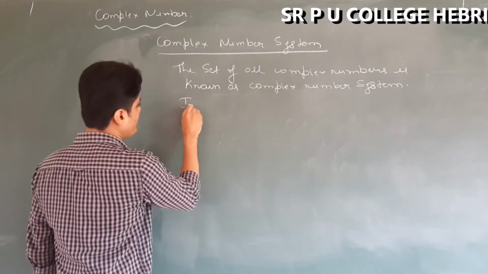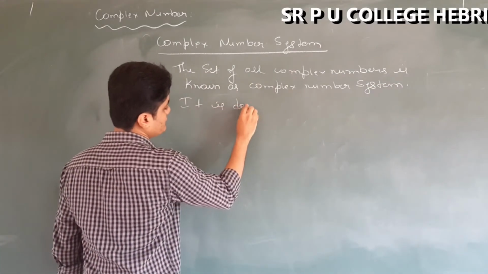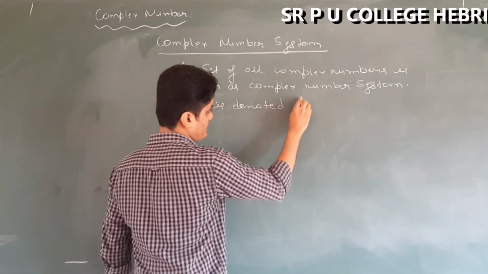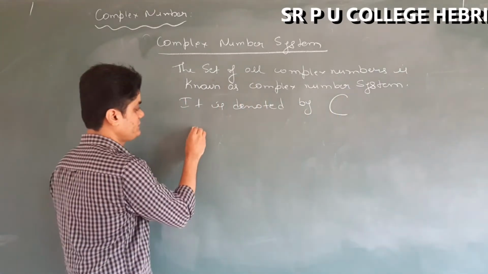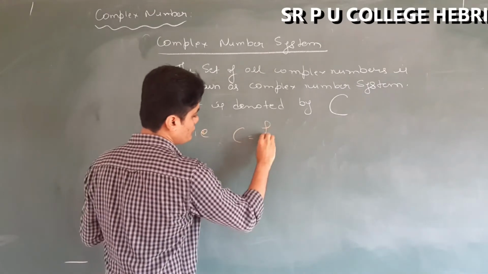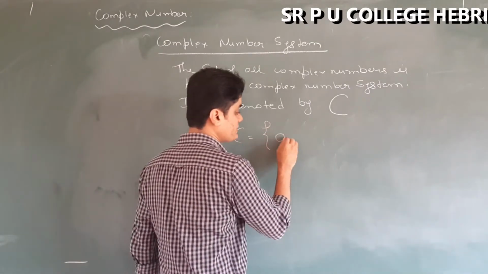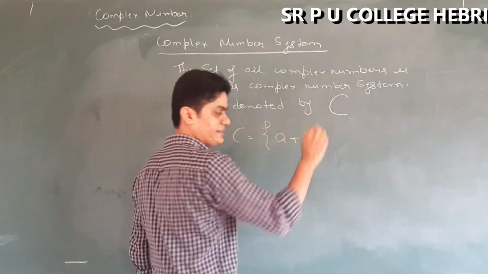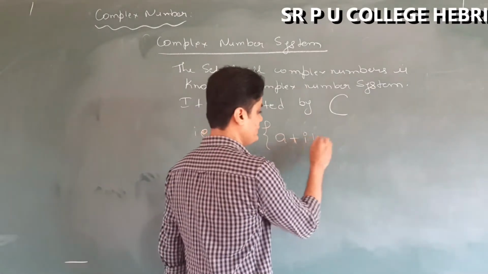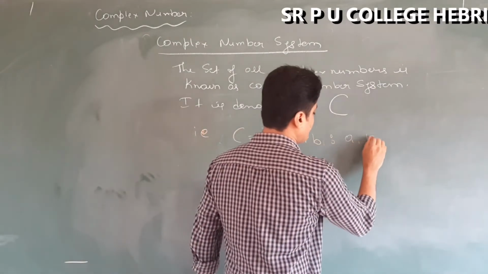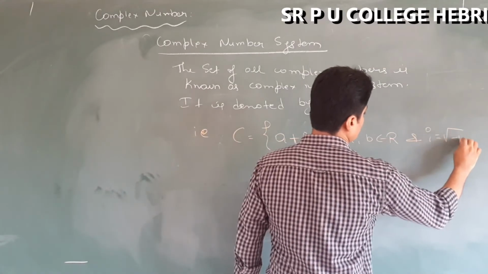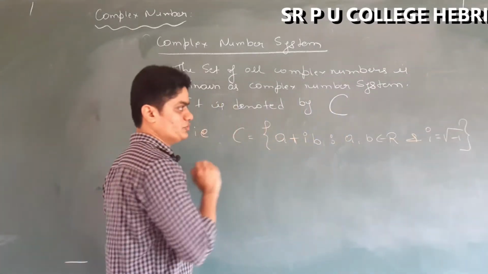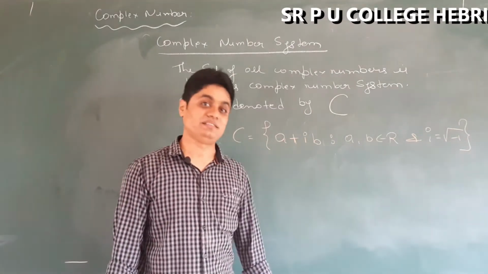It is denoted by capital letter C. That is, C is equal to the set of all complex numbers a plus ib, such that both a and b belong to R and i is equal to root of minus 1. This is known as the complex number system.